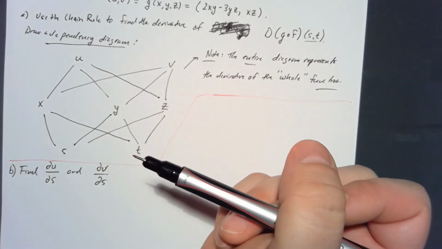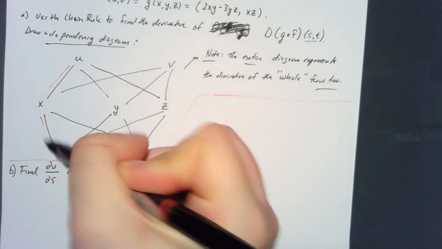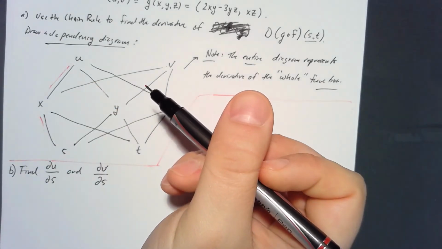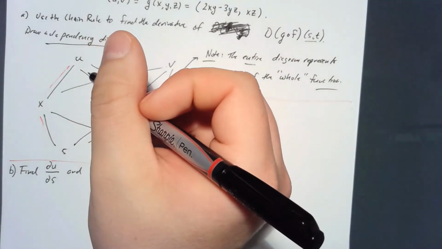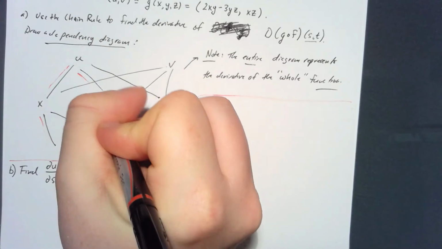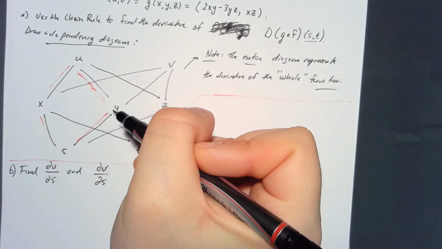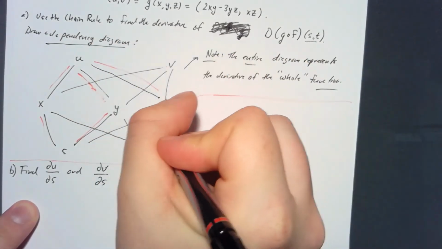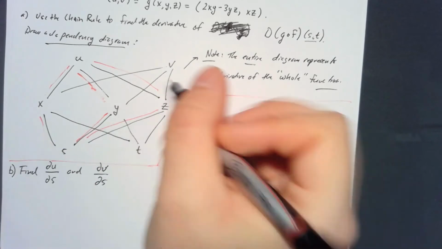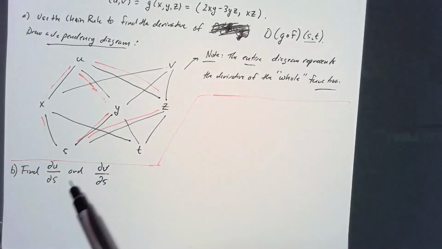So what are they? From u to s, here's one branch, here's another branch, and then finally u to z, and then from z to s. Those are all the different ways you could traverse from u to s. That'll give you the partial derivative of u with respect to s.